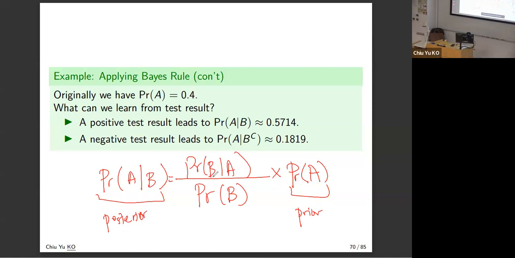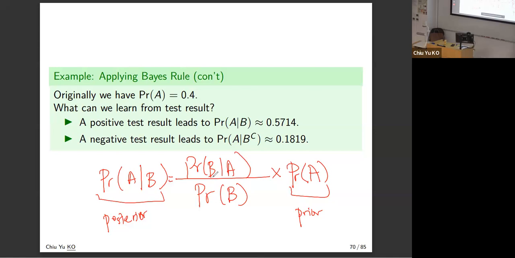So if you do one more round, suppose you do two positive tests, what do you think the probability is that the guy has disease? What we're going to do is change here: this new value will be plugged into here. This guy is technically the same, but this guy will be different, so you have to change this guy, and that's it.